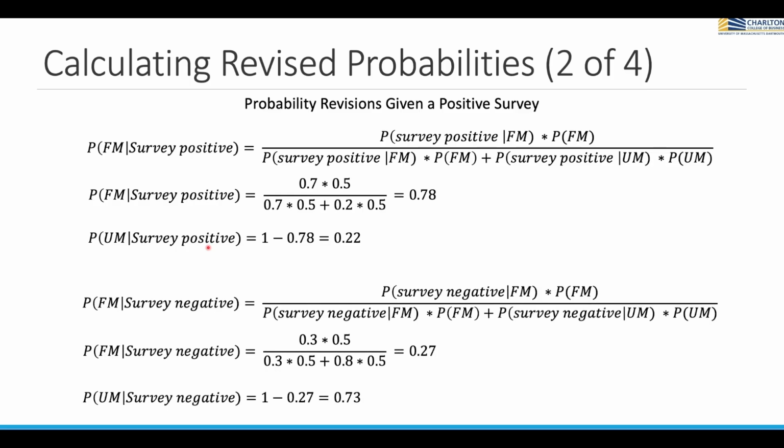We can calculate the chance of a favorable market, knowing that the survey is negative, also. If we input the numbers in Bayes' theorem, we see the probability that the market is favorable, knowing that the survey gives a negative result, is 27%, and the probability that the market is unfavorable, knowing that the result of the survey is negative, is 73%.